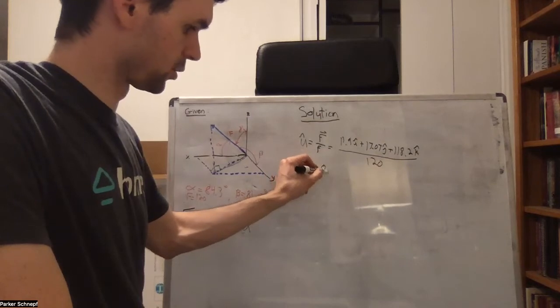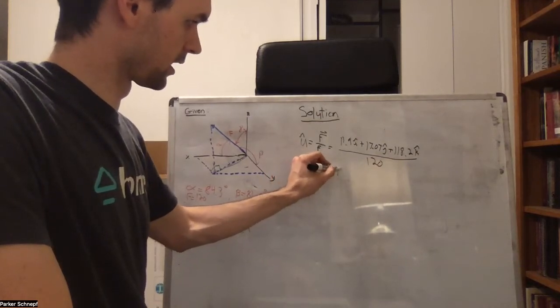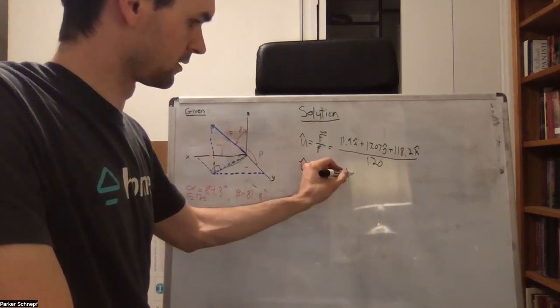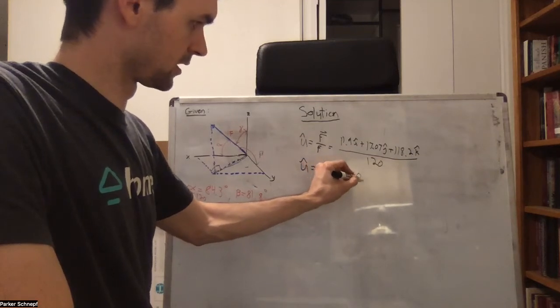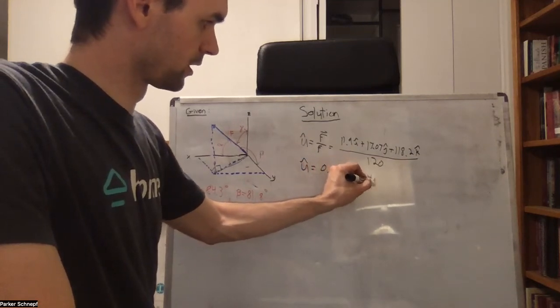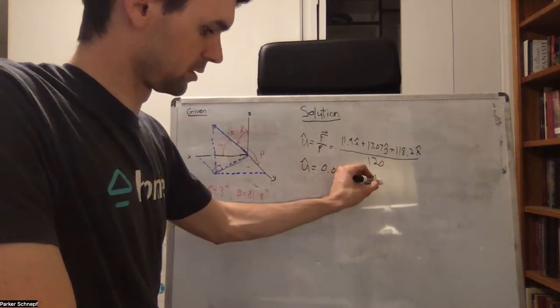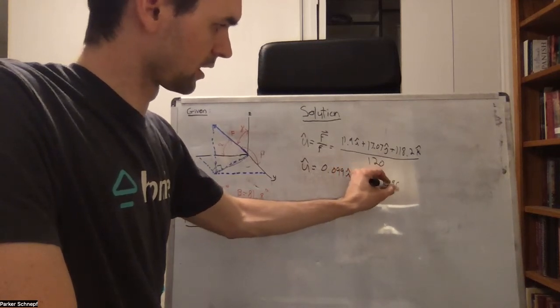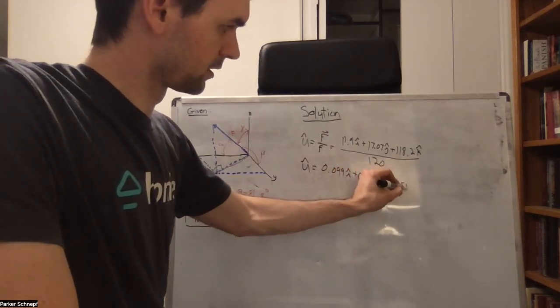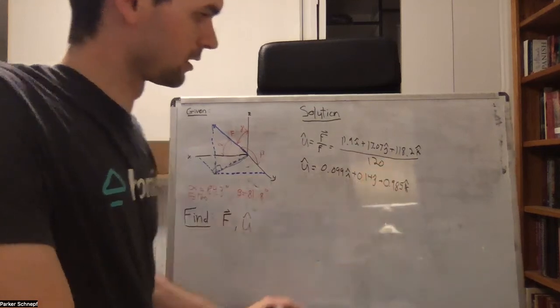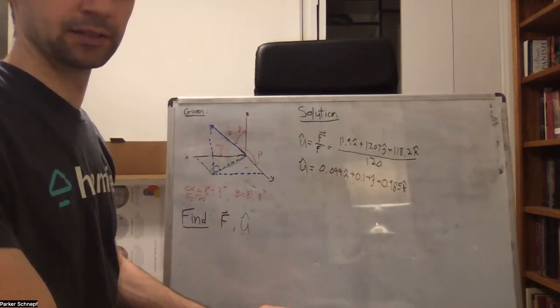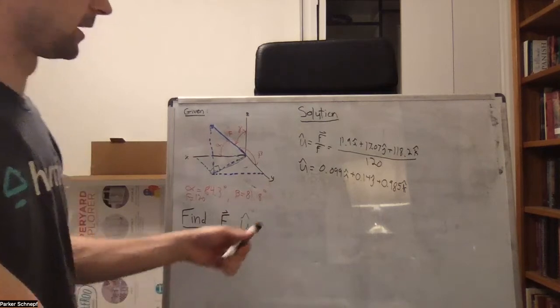And so we end up getting that the unit vector is 0.099 in the x direction, plus 0.14 in the y direction, plus 0.985 in the z direction, and it doesn't have units.